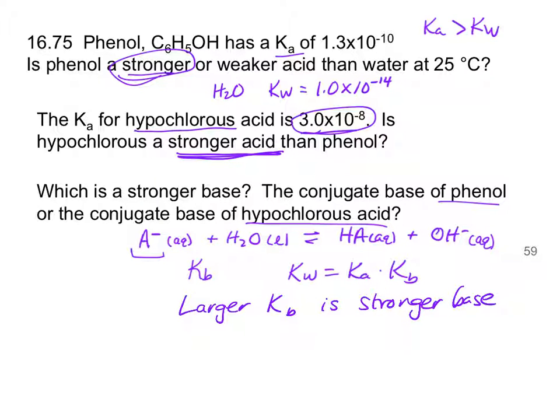However, one other way you can approach this is knowing that the weaker acid is going to have a stronger conjugate base.